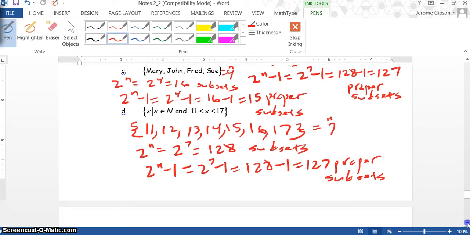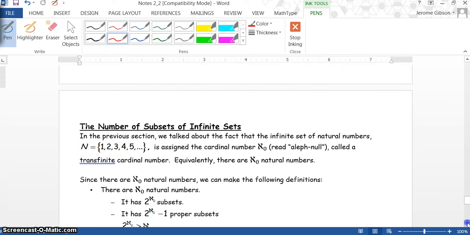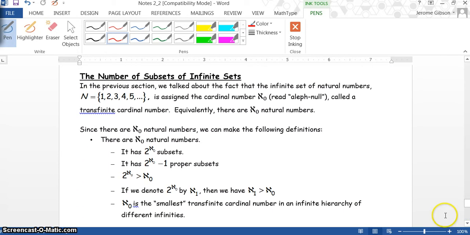Now, we scroll down here. It says the number of subsets of infinite sets. In the previous section, we talked about the fact that the infinite set of natural numbers, 1, 2, 3, 4, 5, and so on with those ellipses, is assigned the cardinal number.